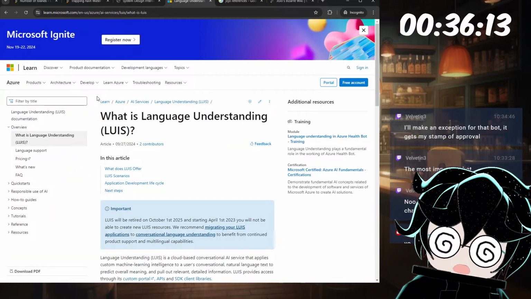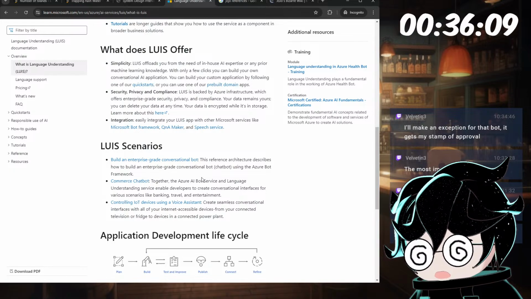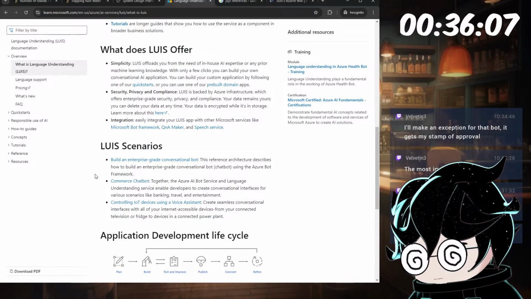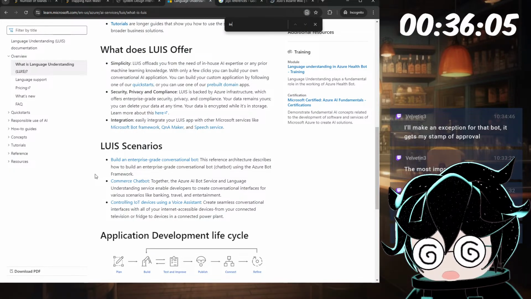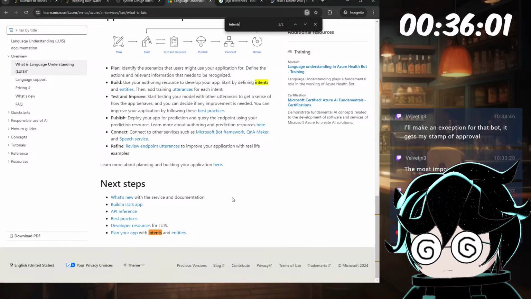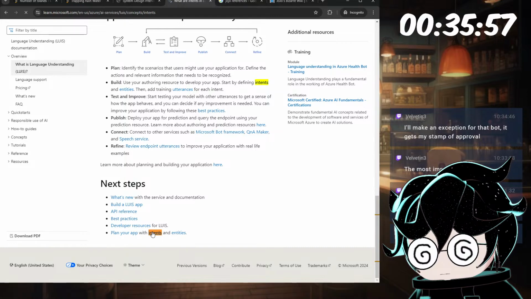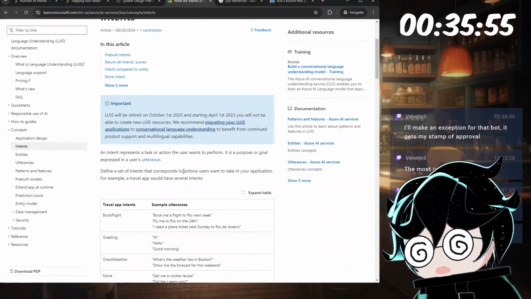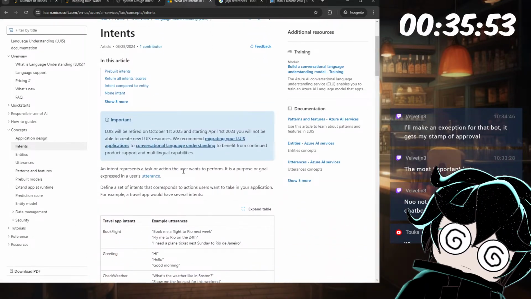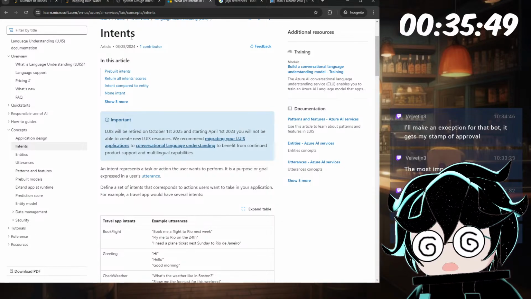What Azure LUIS does is, it recognizes intents. Basically, an intent is like an emotion, right?